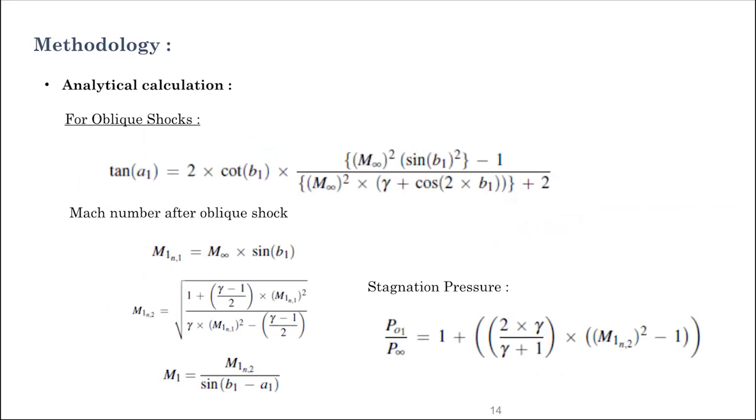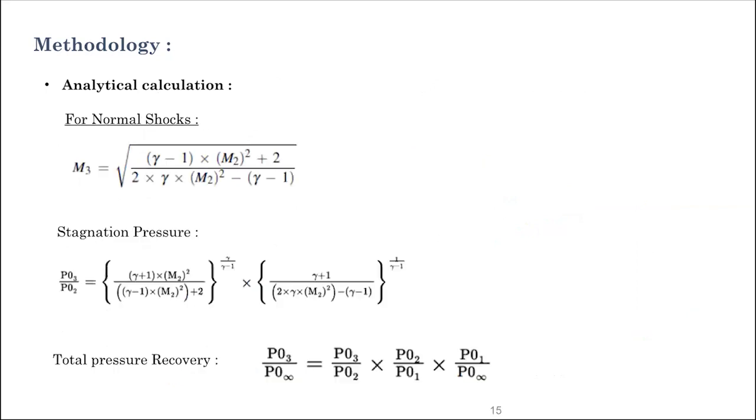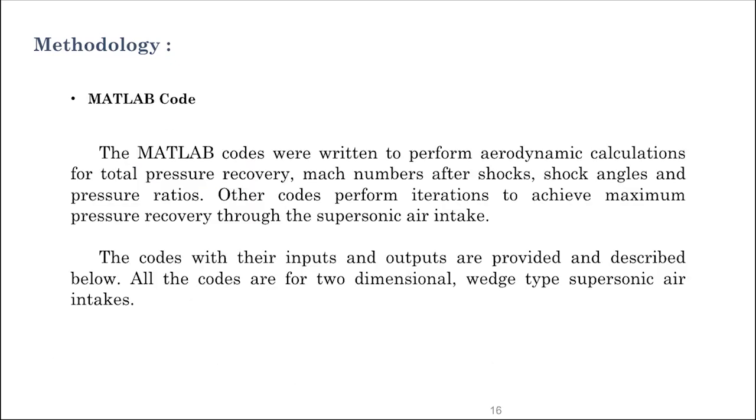We did calculations for supersonic flows, and using these formulas and relations, we were able to calculate the pressure recovery, the temperature, and the pressure ratios, because pressure ratios are very important to calculate the TPR after a normal shock. Using all this data, we created the Matlab codes.